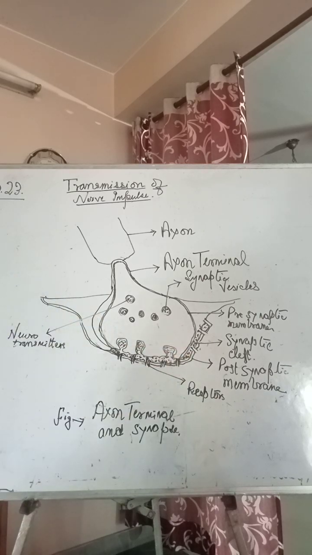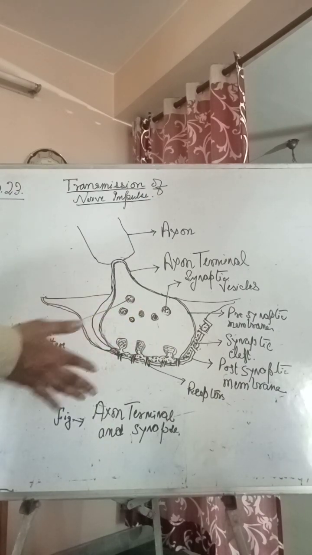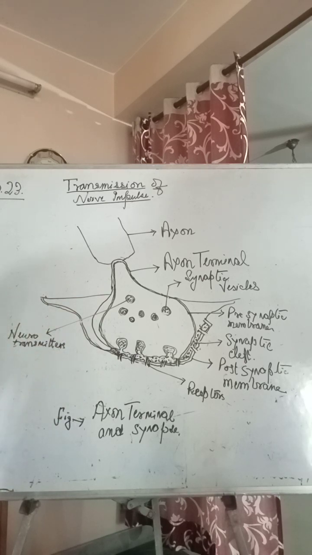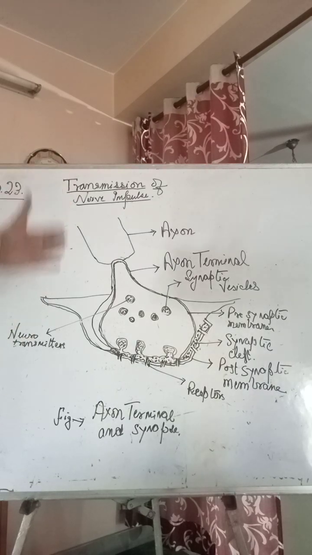This binding results in the opening of the ion channels, and then polarization, depolarization and repolarization take place, and the action potential is generated. Like this, the impulse is transmitted from one neuron to another.